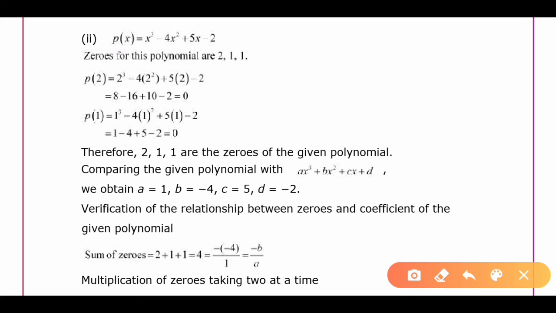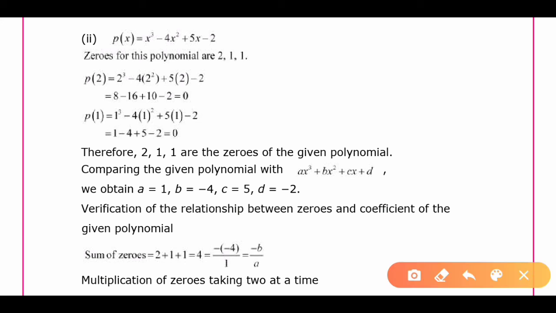So the next one is also equal to 0. The third zero is also 1, so we get p of 1 equals 0. Therefore 2, 1, 1 are the zeros of the given polynomial.